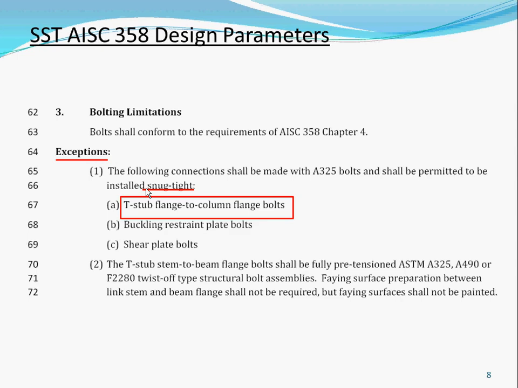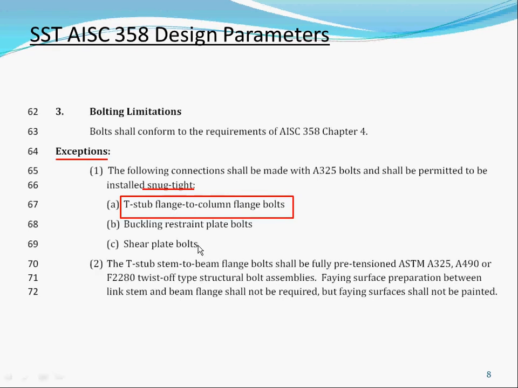This going into the column, these 4 bolts are snug tight. Then the buckling restraint plate bolts, these 2 bolts, they're also snug tight. And then the shear tab bolts, the beam-to-column shear tab, those bolts are snug tight. These ones here to the beam need to be pretensioned. Pretension has a lot of requirements.